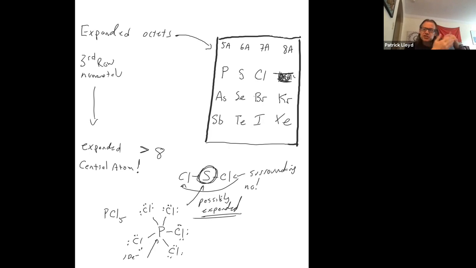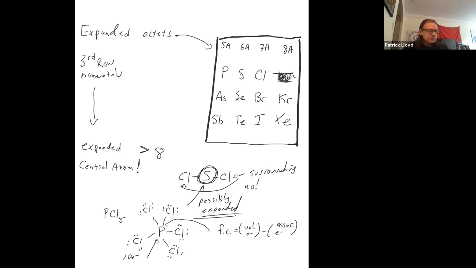In general, we can show that the expanded octet might be justifiable using formal charge. If I look at the phosphorus in terms of its formal charge, remember? I know I just covered that yesterday, but you can review it if you want. You take the number of valence electrons and you subtract the number of associated electrons, right?